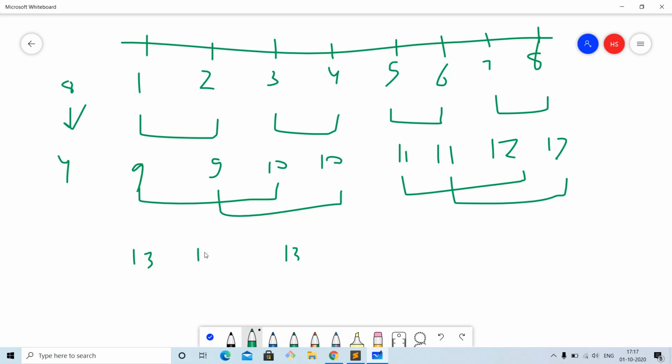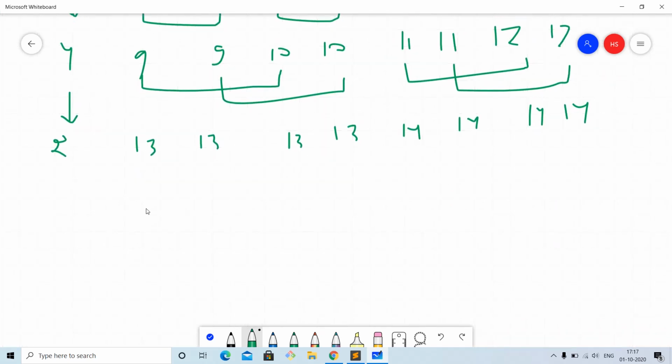Then this 11 and 12, let us set to 14 and 14, and this will also be 14 and 14. So from 4 different pairs we have reached two different kinds of numbers, and we can just stop here, or we can go one step further.